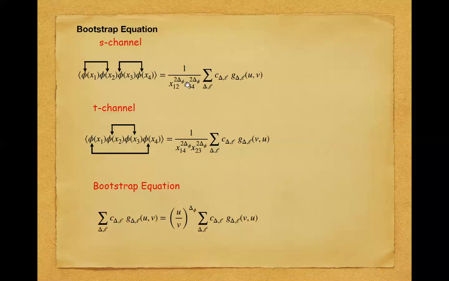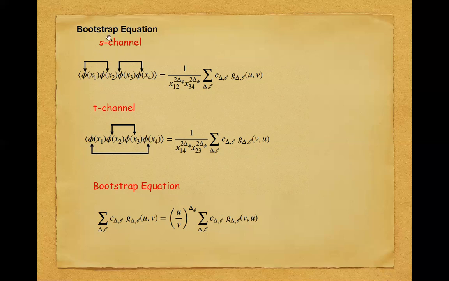Now you can take the same prefactor out. First you notice that these are the same 4-point function that we are computing, but in two different ways. So therefore these have to be the same. And the Bootstrap equation is nothing but demanding the equivalence between taking OPEs in different ways.